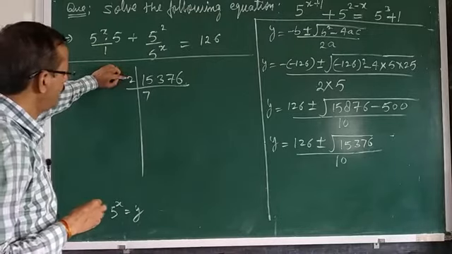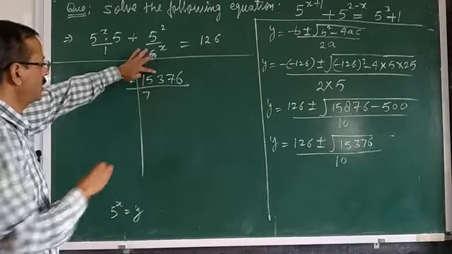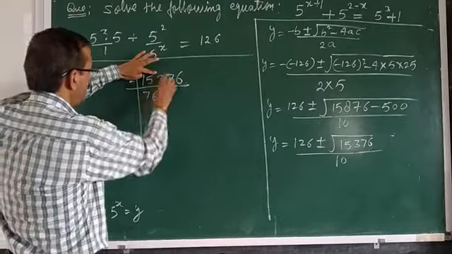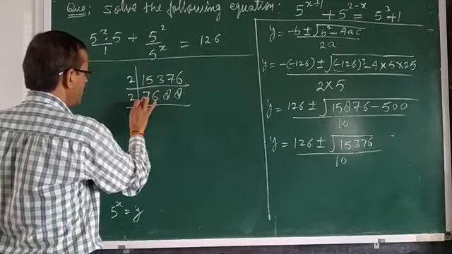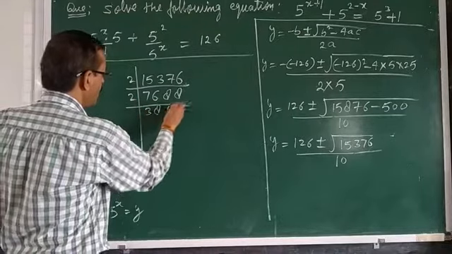So if you check it, 2 7s are 14, 2 6s are 12, 2 8s are 16. Again by 2, 2 3s are 6, 2 4s are 8.